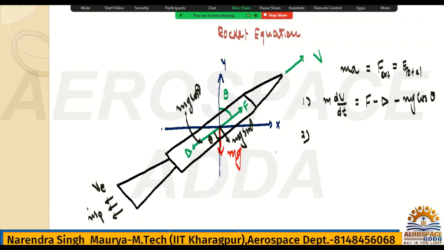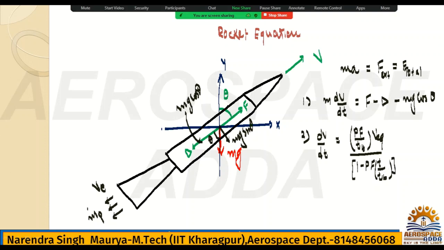What is dv by dt after solving all? dv by dt is nothing but P_F over t_b into V_e divided by 1 minus P_F t divided by t_b.